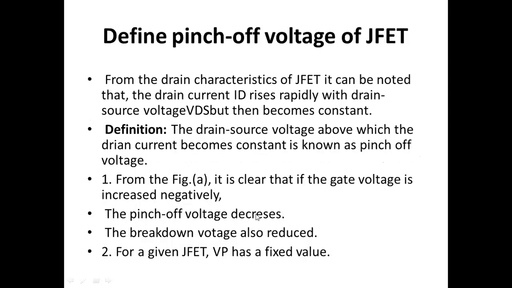Next, define pinch off voltage. From the drain characteristics of JFET, it can be noted that the drain current ID rises rapidly with the drain to source voltage VDS when VGS is constant, and above a certain drain source voltage the drain current becomes constant. The drain source voltage above which the drain current becomes constant is known as pinch off voltage.